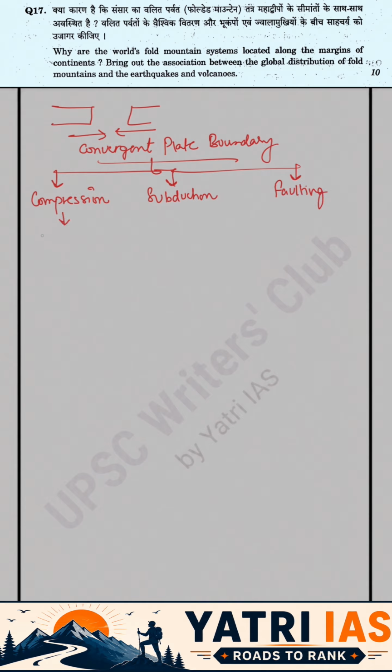So when compression is taking place, you will see the formation of fold mountains. With subduction, you will see active volcanoes. With faulting, you will see high seismic activities. So you could bring out the association between these three through this flowchart as well.